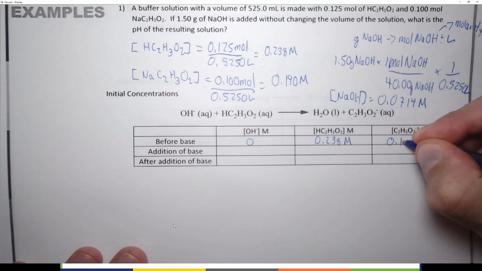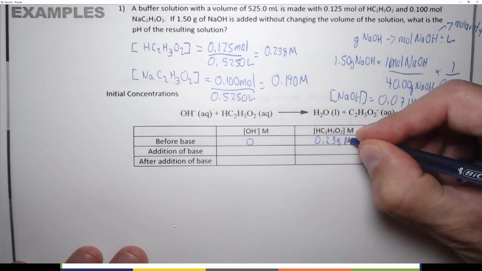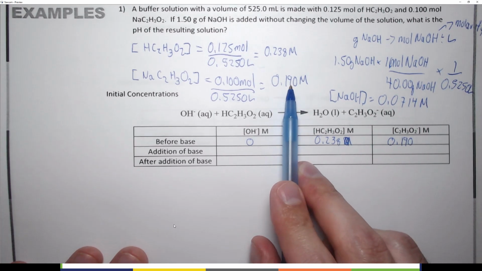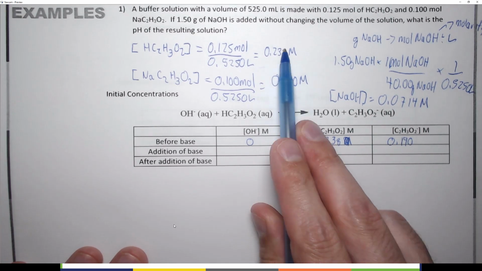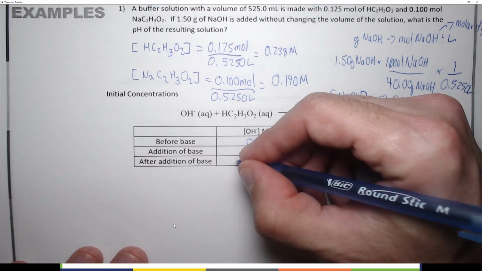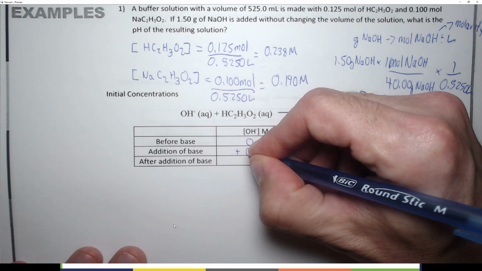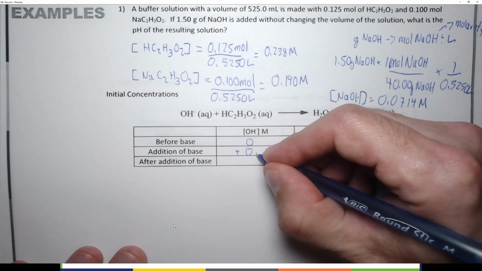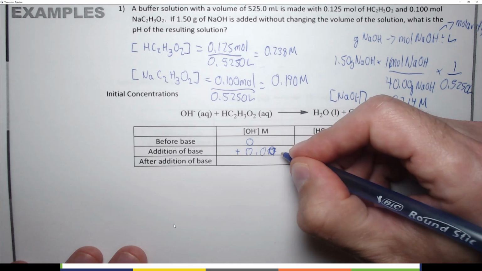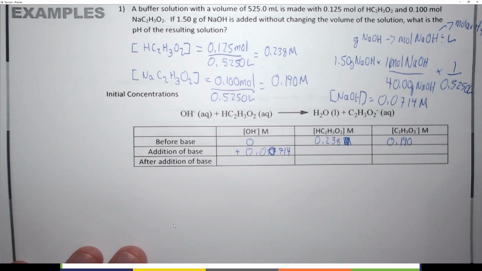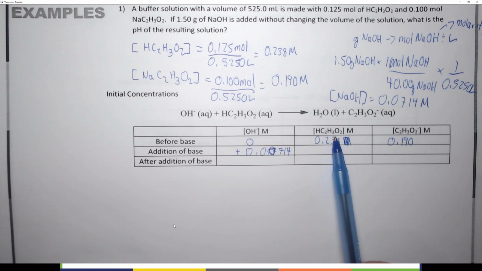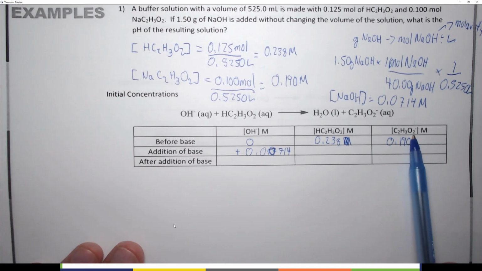It's 0.190 molar, because we got the concentrations a minute ago. We add base. How much base are we adding? We're adding 0.0714 molar base. Well, what's that going to do to the concentration of acid and the concentration of acetate?